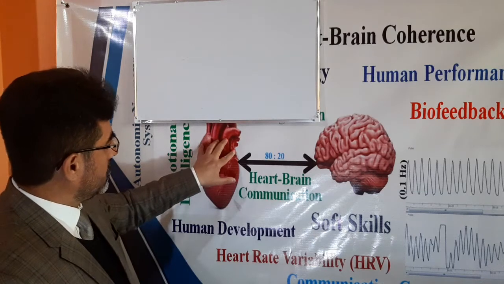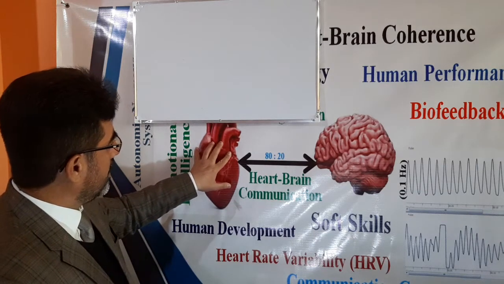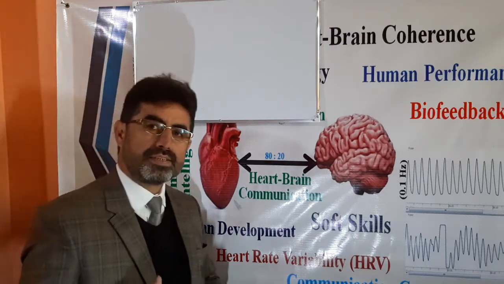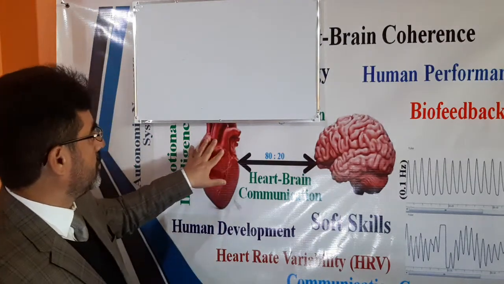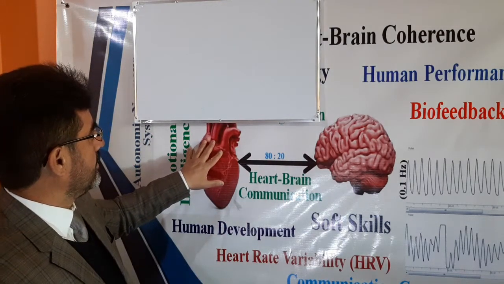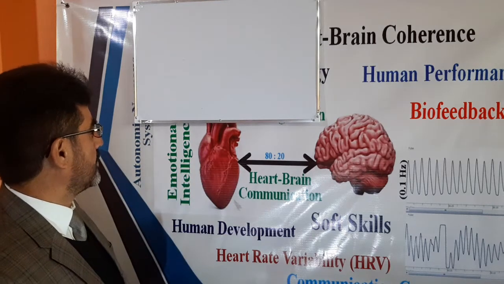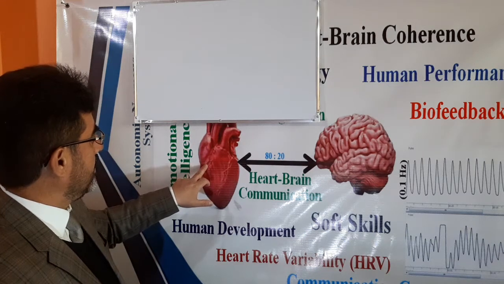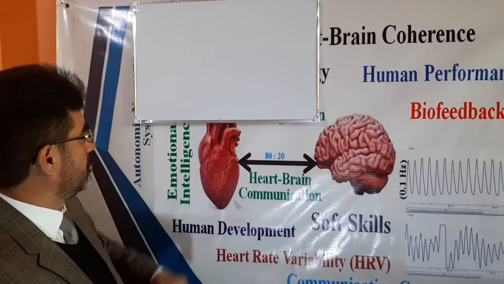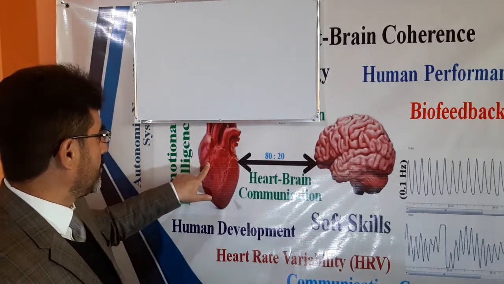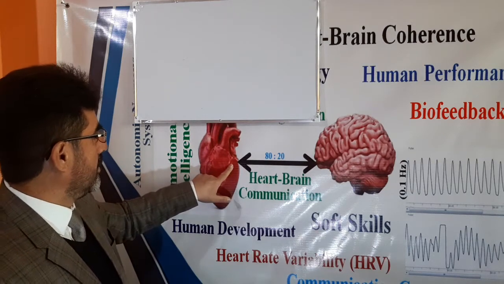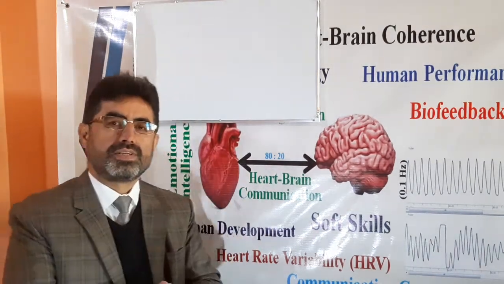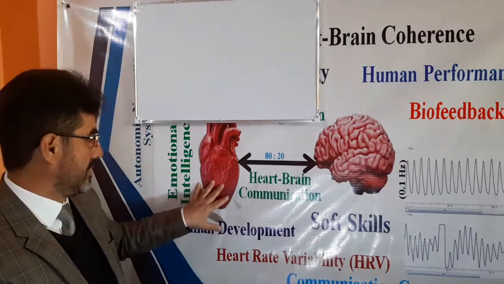Then, when the two atriums are full of blood, the SA node sends electric impulses to both atriums, and through the contraction of the atriums, the AV valves, which include the tricuspid valve and the mitral valve, will be opened and blood is transferred to our ventricles.